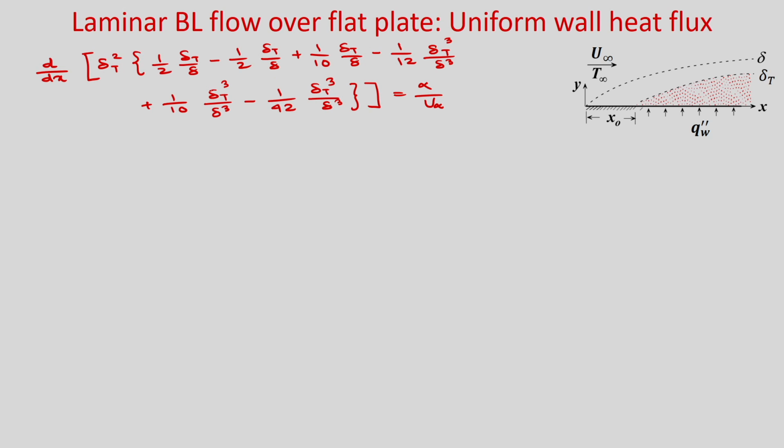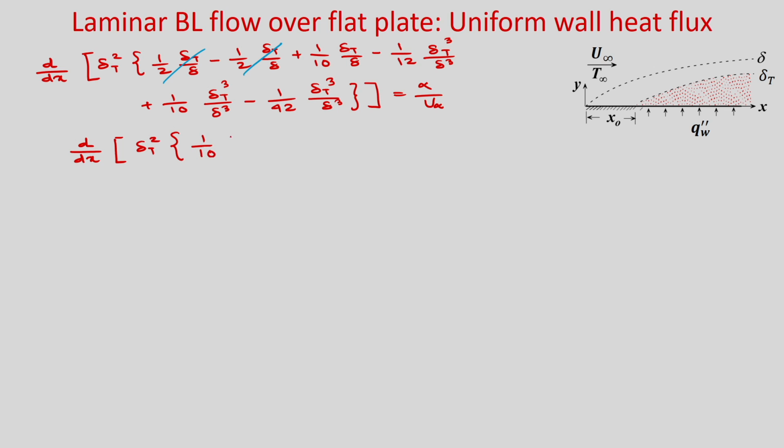So, you can see the first 2 terms will get cancelled. So, you have 1/10 delta_t by delta, and this you will get as d/dx of delta_t squared.